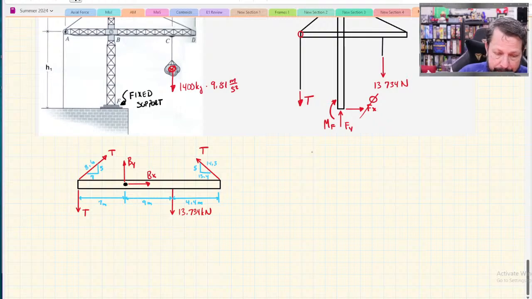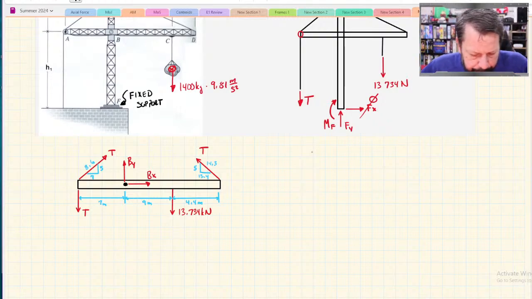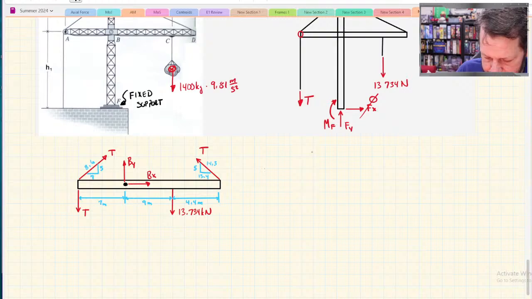So here, back to our frame. We could just pick any of these. Let's do moments about B. This is going to be a longer equation, but as long as we keep track of everything, we should be okay.